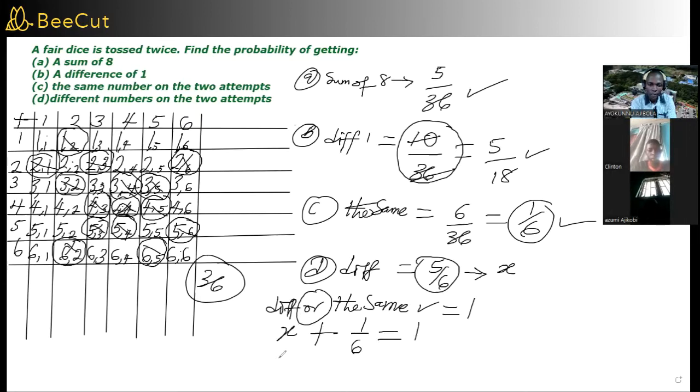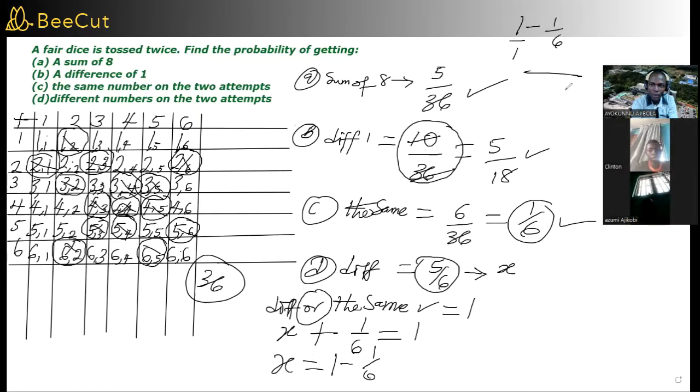In this way, I can say X equals 1 minus 1 over 6. Then solving this using LCM, that is 1 over 1 minus 1 over 6.